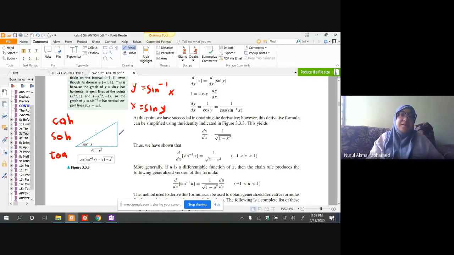I think this is correct. So we want to use the information from kah. So kah for cos theta is adjacent divided by hypotenuse. Adjacent divided by hypotenuse, that is your cos.